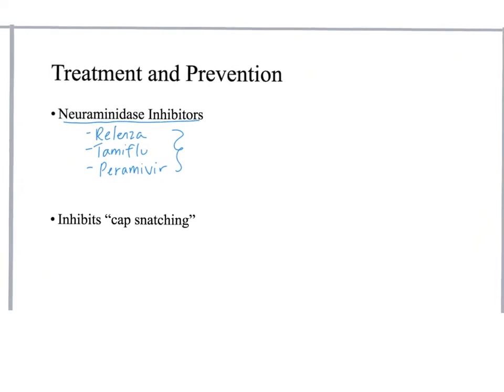How well do they work? Well, that's something that we argue about, and different studies find different things. Basically, we think they shorten the illness about a day. So minimal help at most.